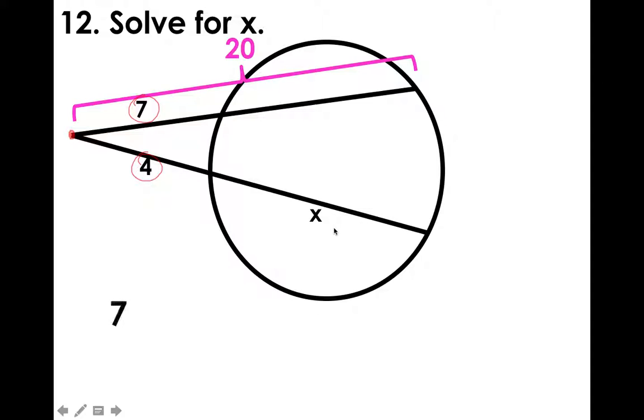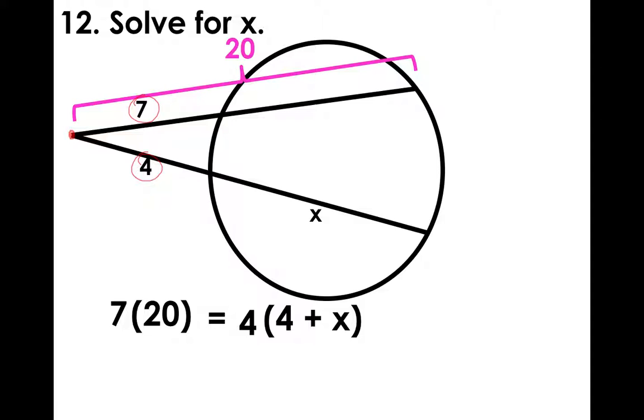The outside of this top secant times the whole length is 20. And then I set that equal to, using the same rule, the outside of that secant, which is 4, times the whole length of that secant, which is 4 plus x, or x plus 4.